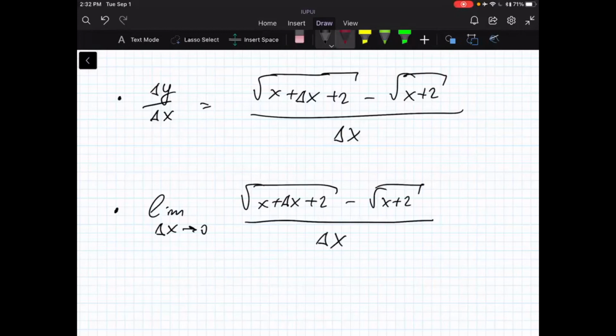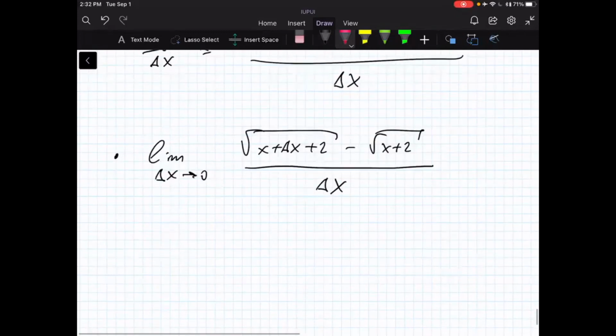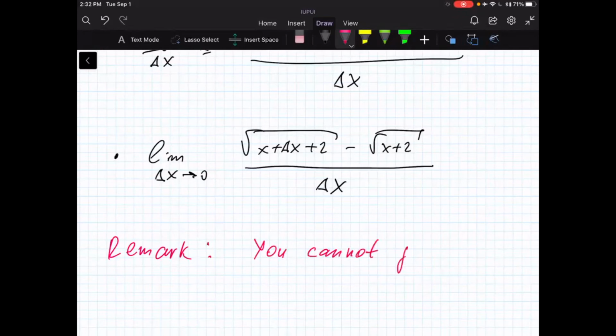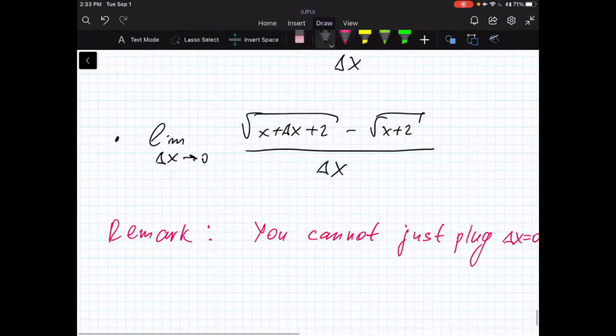And here is another important remark. You cannot plug in delta x equals 0. You have seen that sometimes when you're calculating the limit, you can just substitute the value of x or delta x when it approaches that, and you'll get the answer.